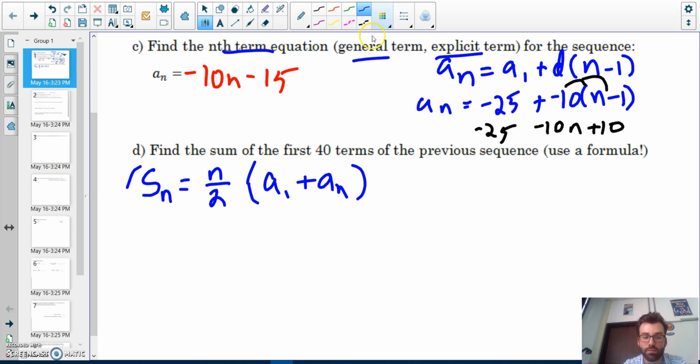How many terms am I finding the sum of? 40. So wherever you see an n, I put a 40.